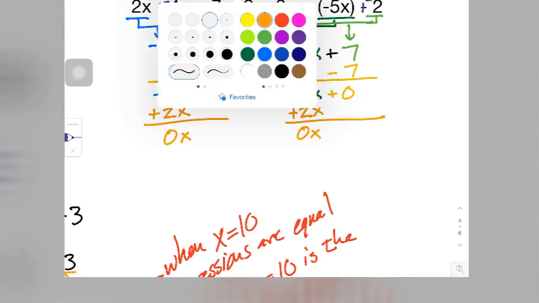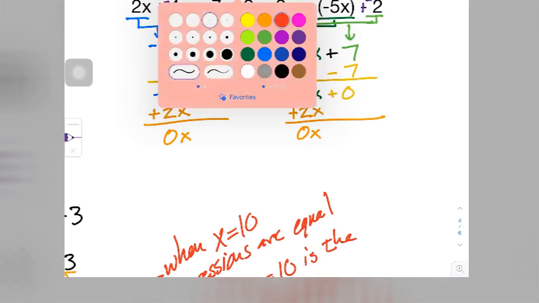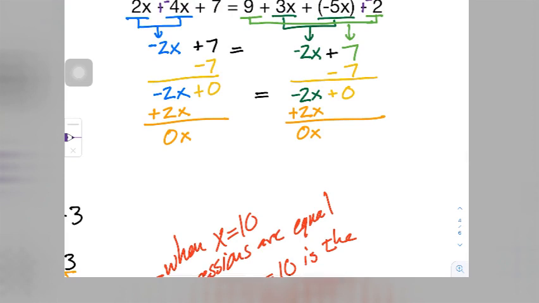And so now what I have is 0 plus 0. The whole thing is equal. So negative 2x plus 2x is equal to 0, and when I take those away, 0x is equal to 0x. The whole thing is just 0 equals 0.